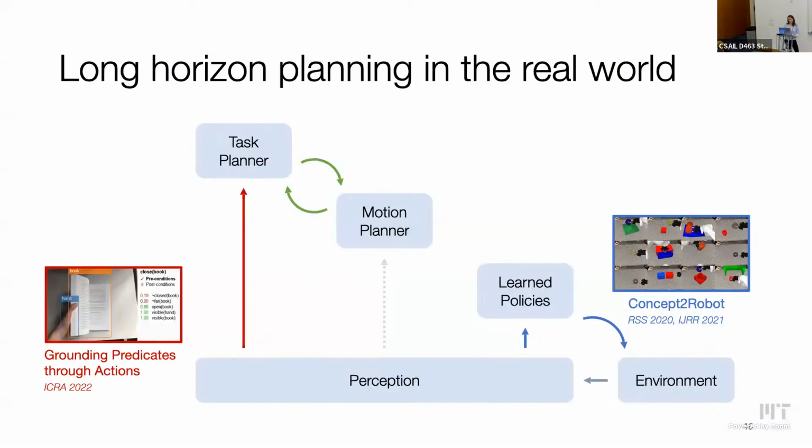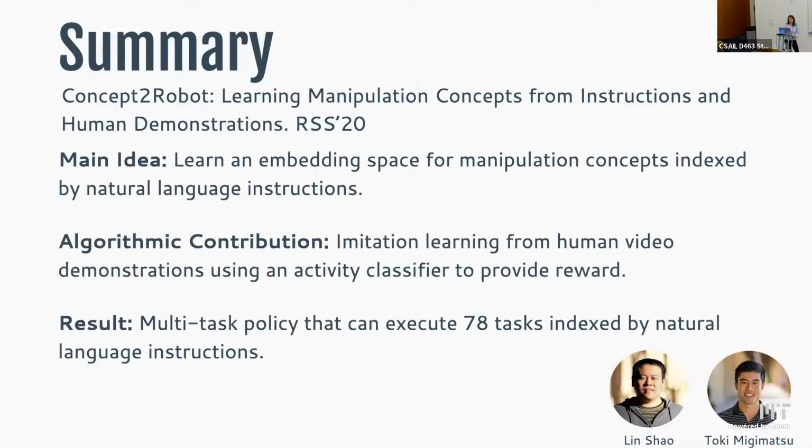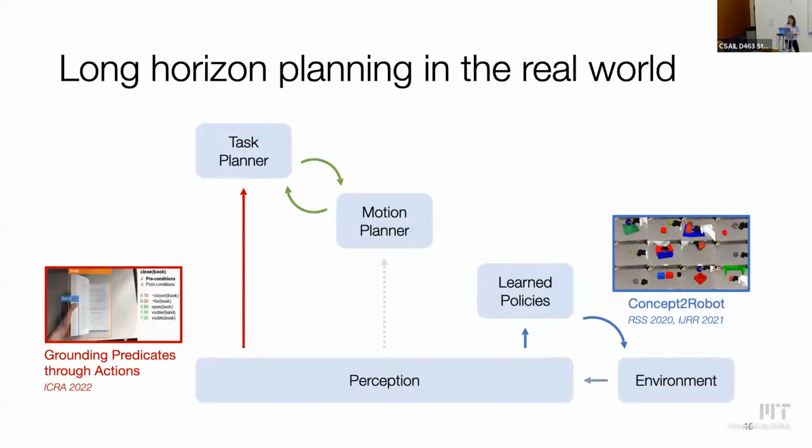Okay, so at this time, this was 2020, this was also a huge number of different tasks. So these are not the same task where it's like pick up an apple and pick up an orange. These were actually 78 different, actual different tasks.